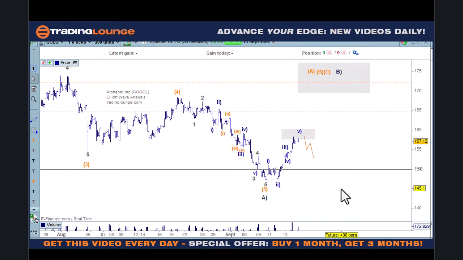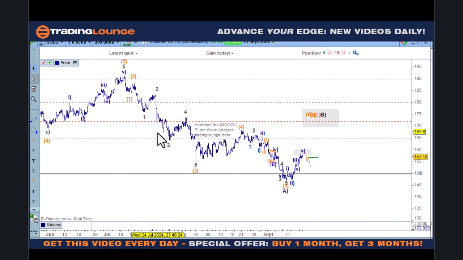Okay, so Google here is in its own world, but we do have 5 waves up here, so we can buy once it tops and turns, we can look to have a bit of a trade further up here. But like I said, it's in a much bigger situation, and it's way behind in its count.